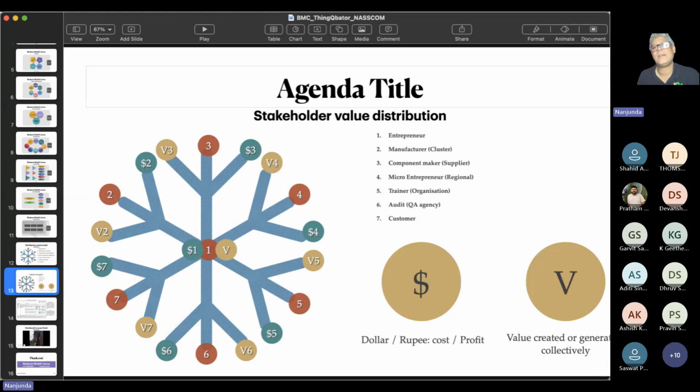Likewise, the audit agency gets its fee, the training agency gets its fee. The micro entrepreneur, basically a supplier at a micro level, gets paid for whatever they build. Component makers get paid for whatever they build. The manufacturer gets paid for whatever they build, and the entrepreneur or the institution, organization who owns the brand, IP, design, they stand to gain whatever they gain.